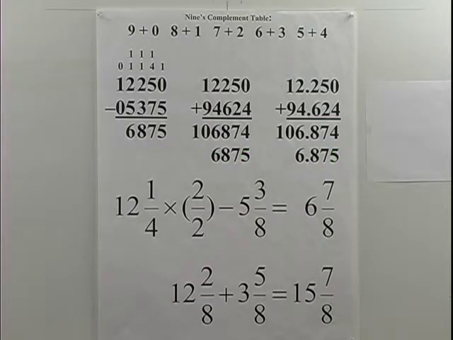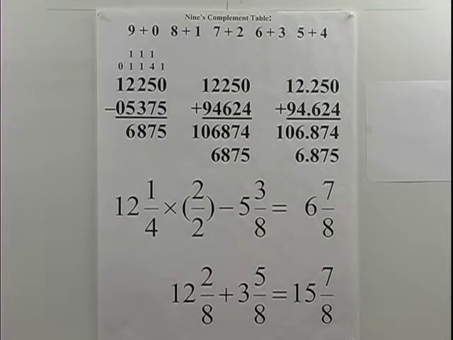From 12 and 1/4, I want to subtract 5 and 3/8. But I'm going to use the 9's complement procedure. So I have to find the 9's complement of this subtrahend, 5 and 3/8. I'm going to add 3 to that 5. I get an 8. And then I'm going to add a fraction to make this 8/8.